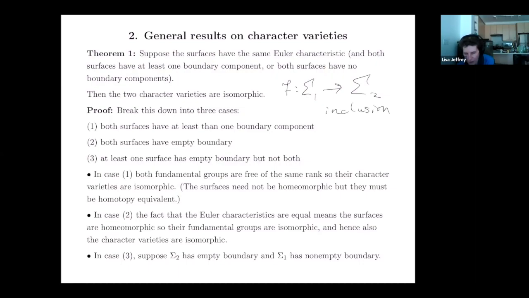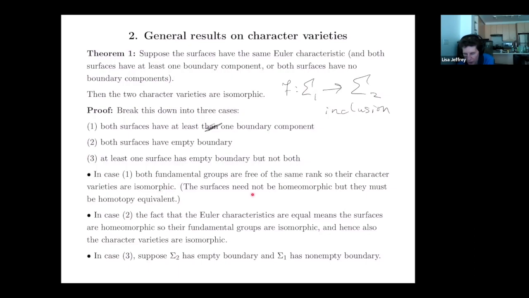It breaks down into cases. First, the case where there's at least one boundary component. Second, both surfaces are closed. And third case, one is closed and the other isn't. So in the first case, both fundamental groups are free groups and they have the same rank, so the character varieties are isomorphic.